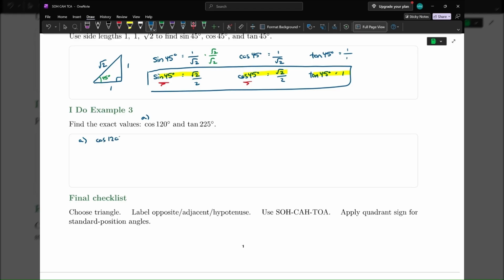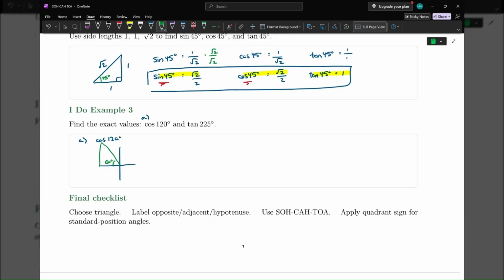So cos 120. What I'll do to start is take a really quick sketch of this. I know 120 terminates in the second quadrant when it's drawn in standard position. So it looks like this. What I want is that reference angle. The reference angle is going to be 60 degrees back from 180, so it's 60 degrees. So I can use that triangle.